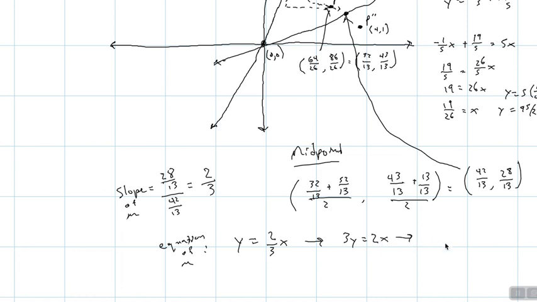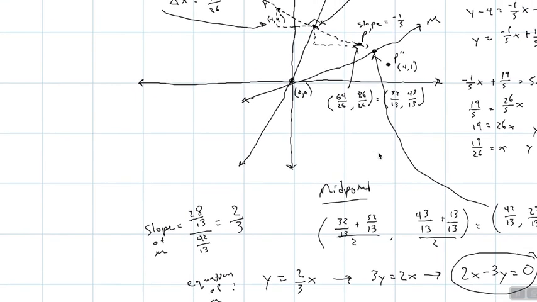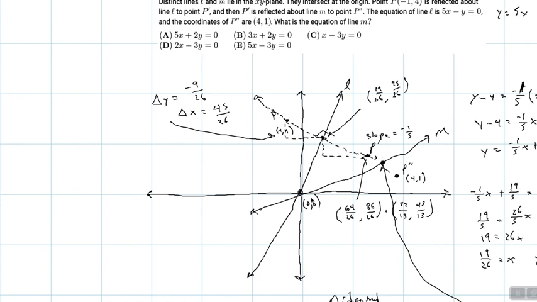And then moving to standard form here, 2x minus 3y is equal to 0 is the equation of line M. So 2x minus 3y is equal to 0. So the answer is choice D.